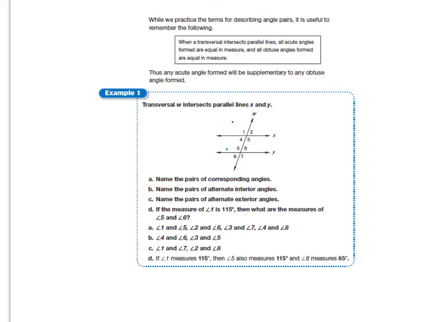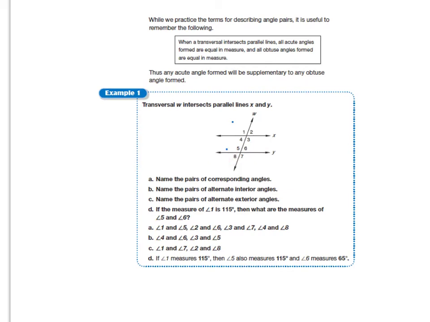They actually are alternate, not corresponding. Okay? So on C, we named the alternate exterior angles, and D says if the measure of angle 1 is 115, then what is the measure of 5 and 6? Wow. So that's 2 different questions in one. But if number 1 is 115, then we know that number 5 being corresponding is also 115.